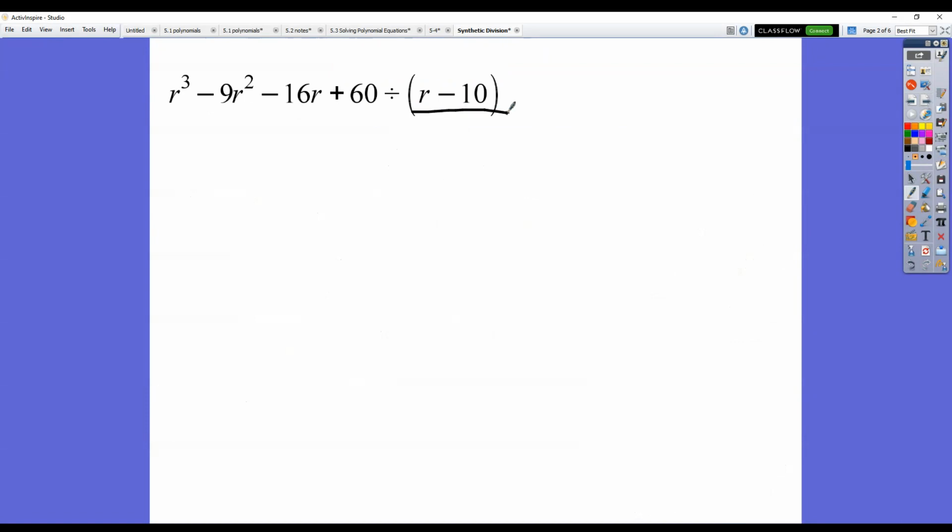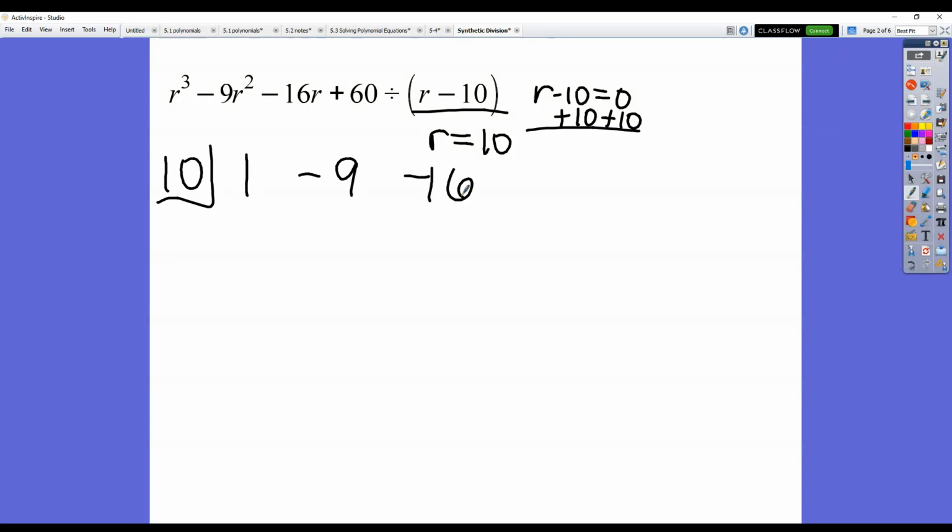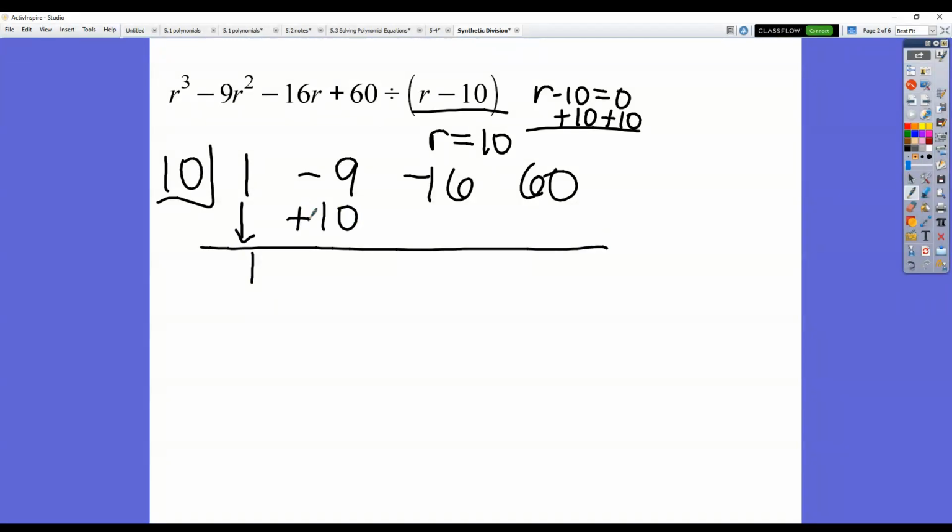Divide by the 0, that'd be r equals 10, right? Put 10 in the half box, then we got 1, -9, -16, and 60. Leave a little space, drop down the first number, 10 times 1, 10, -9 plus 10 is 1, 1 times 10 is 10, -16 plus 10 is -6.